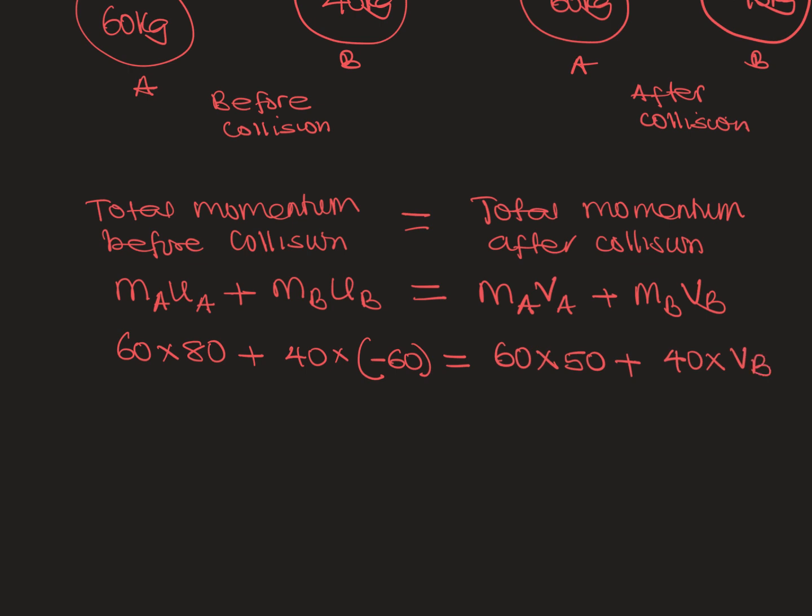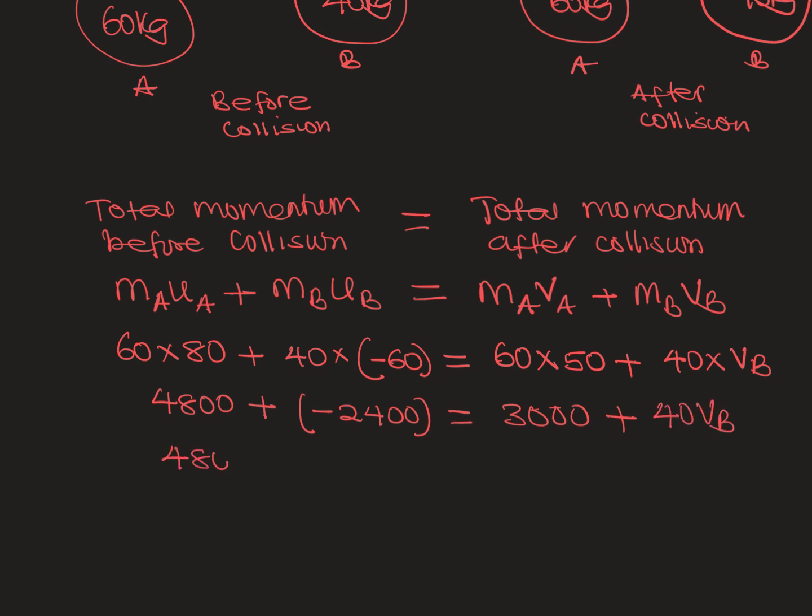So 60 multiplied by 80 gives 4,800, plus 40 multiplied by negative 60 gives negative 2,400. This is equal to 60 multiplied by 50, which is 3,000, plus 40 multiplied by VB, which is 40 VB.